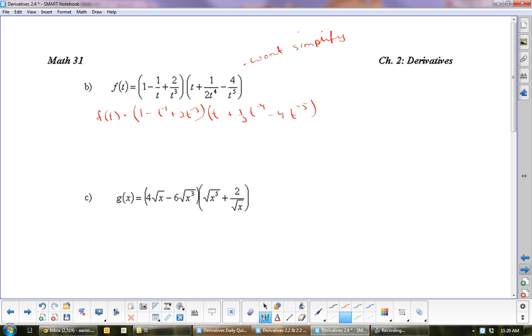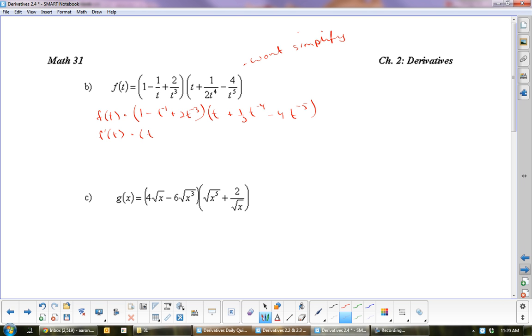So this is the type of question that I would give just to see, do you know how to do the product rule? So the first thing, we're going to go the derivative of the first times the second. So f prime of t. So what's the derivative of the first?